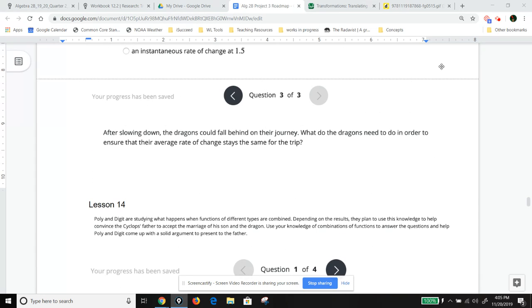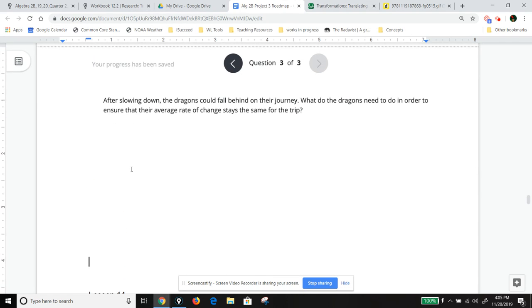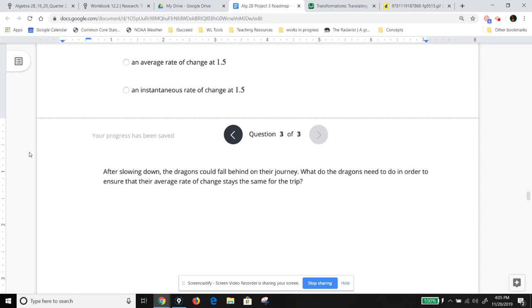And then question number 3. It says, after slowing down, the dragons could fall behind on their journey. What do the dragons need to do in order to ensure that their average rate of change stays the same for the entire trip? We know from question 1 that their average rate of change, I'm going to call it the rock, was 55 miles per hour.